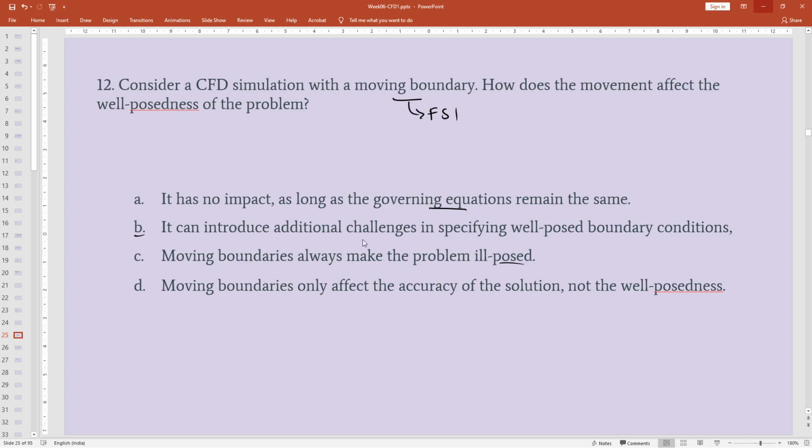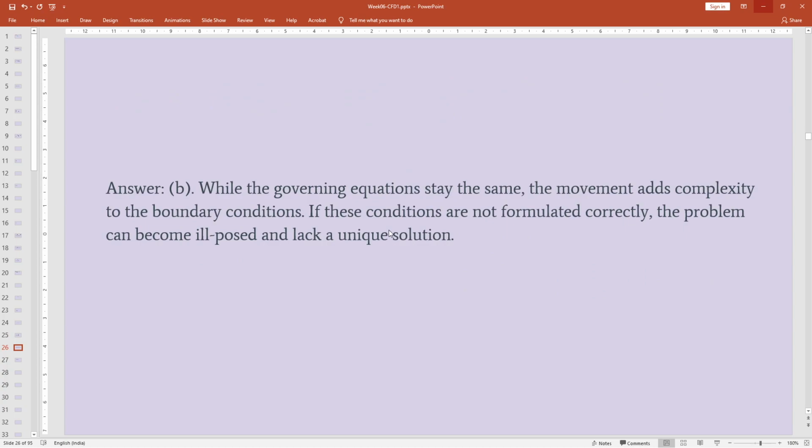So in such cases there will be additional challenges to model the movements. The movements should be modeled in such a way that they won't affect the numerical solution.